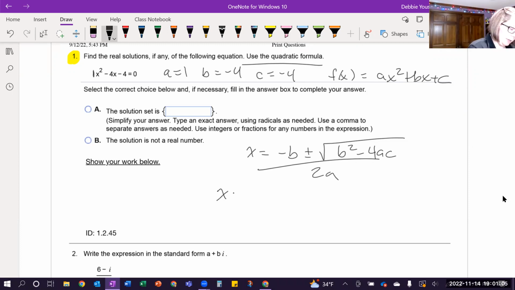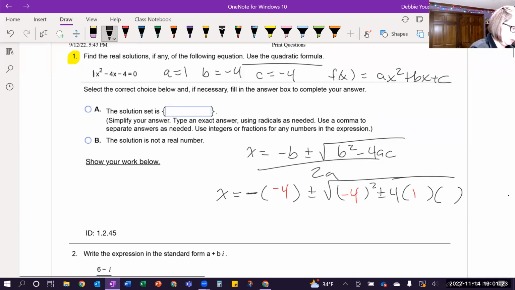So I would have x equals the opposite of b, which is negative 4, plus or minus the square root of b squared, so that's negative 4 squared, minus 4 times a, which is 1, times c, which is negative 4, all divided by 2 times a, which was 1.